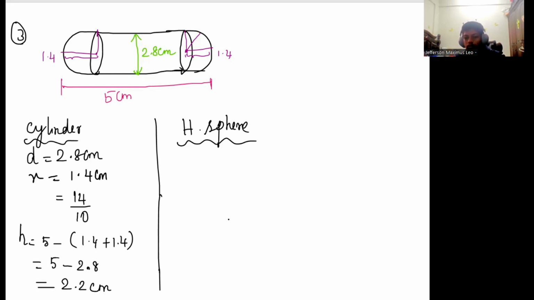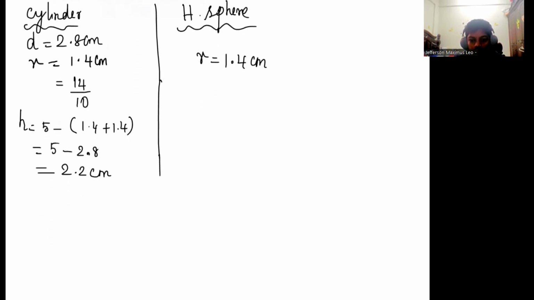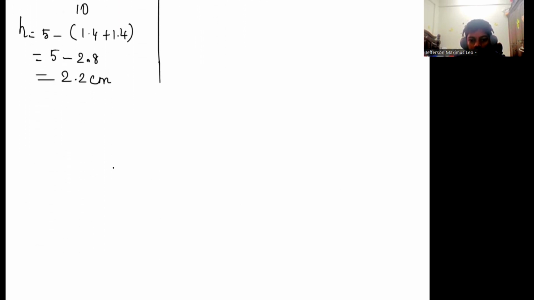Height is equal to 2.2 centimeter. In the hemisphere, radius alone, radius is equal to 1.4. Now we move to the main calculation part. Every data is separately marked. Now, volume of one gulab jamun.